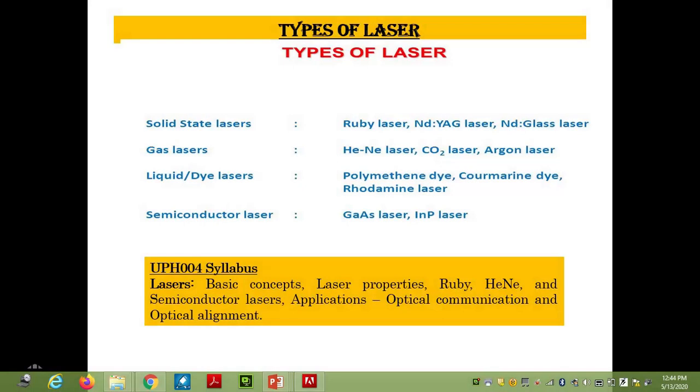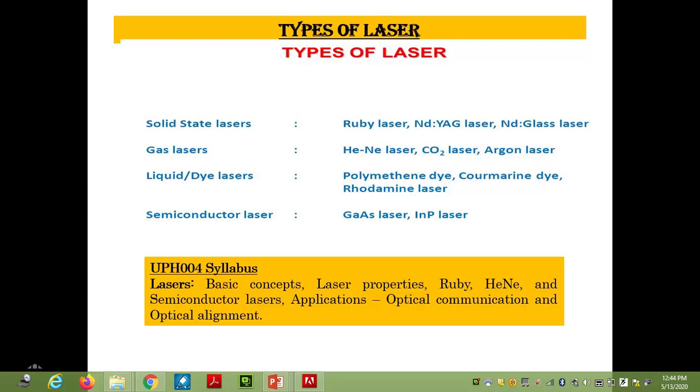Okay, students, good morning. So, this is our second lecture of laser. In the first lecture of laser, I talked about some of the properties of laser which were very important in devising a device like laser, which is highly monochromatic. It emits very high power and it is highly monochromatic also.